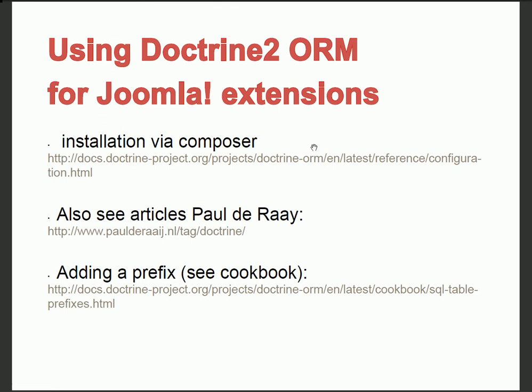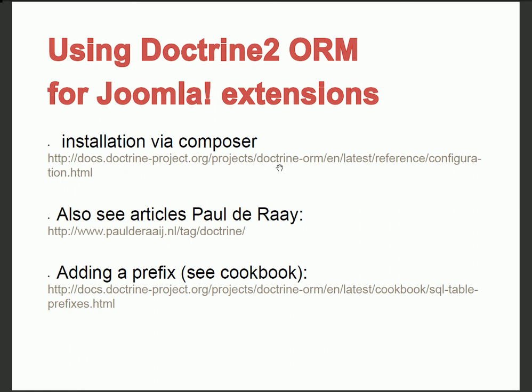If you want to use Doctrine for Joomla extensions, you can easily install it now via Composer. Everybody uses Composer, of course. If you don't, it should be the first thing to look at. It's so easy.